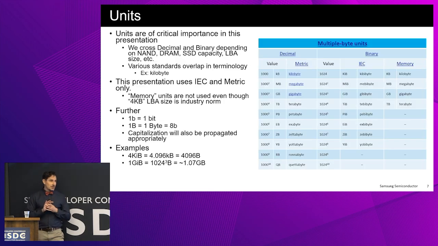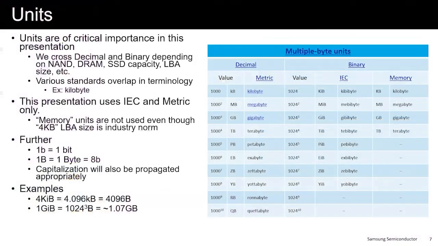I've already started to break you guys into it. There's a cross between memory and storage here, so I am using the metric and IEC units so I can separate actual gigabytes and gibibytes, and I'll be transitioning back and forth because it ends up mattering a few times later on.